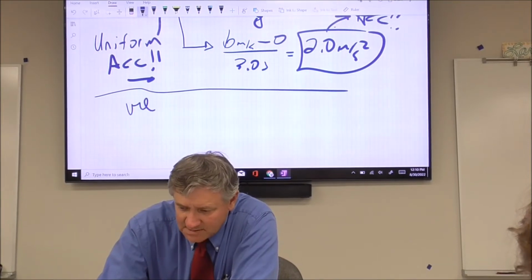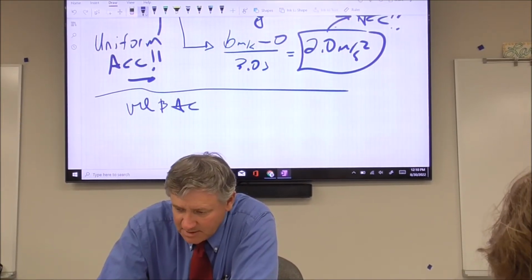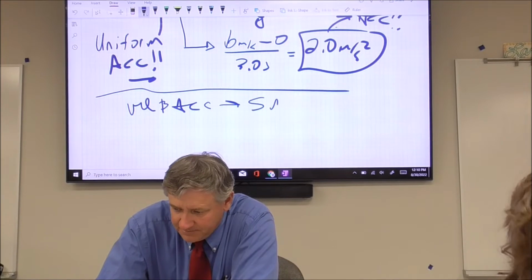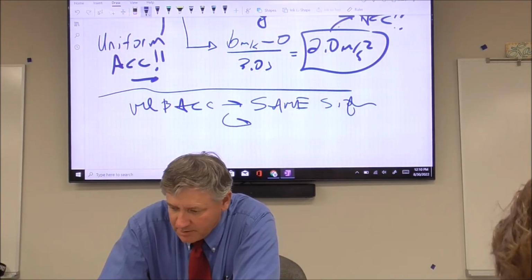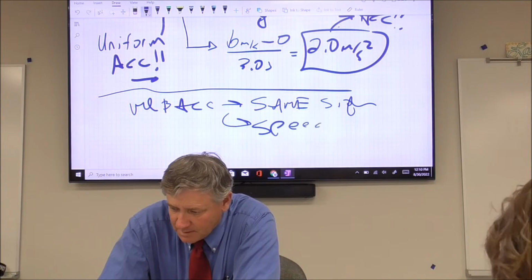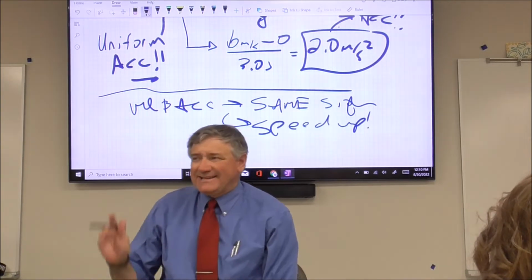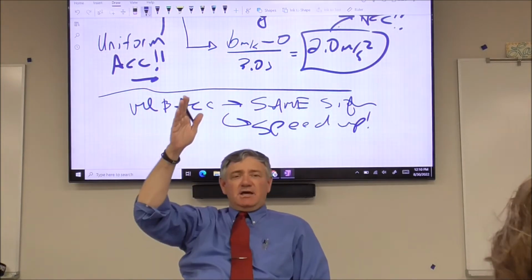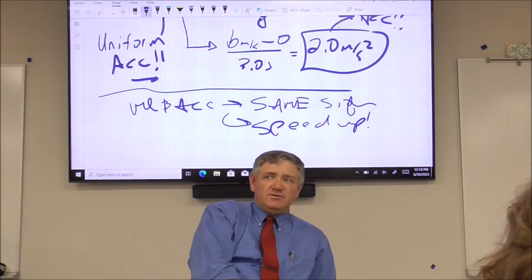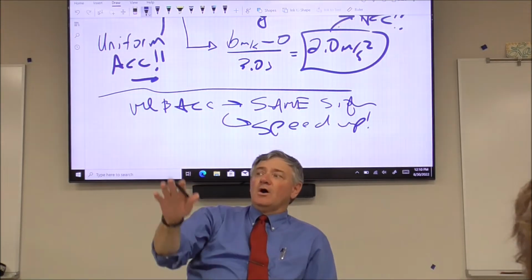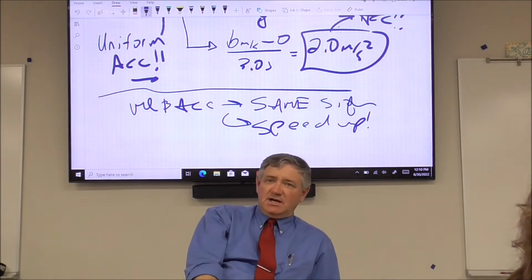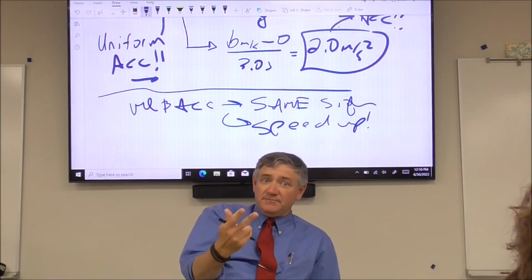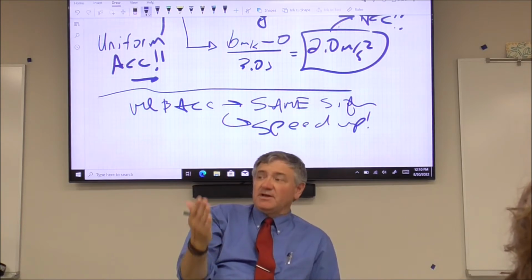Whenever your velocity and acceleration have the same sign, you speed up. Now, notice I did not say every time your acceleration is positive, you speed up. All I said is that your acceleration and your velocity have the same sign. They could both be negative, they could both be positive.